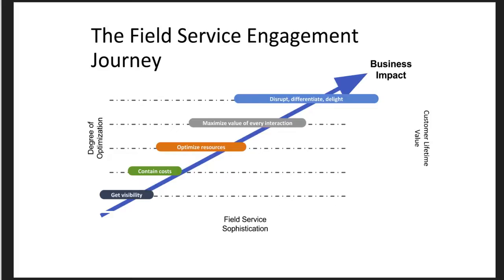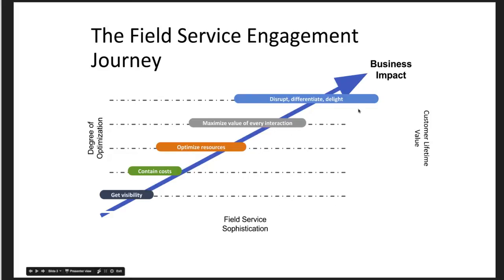And being able to maximize the value of this interaction really means coming prepared, coming with the right parts, increasing the chance of first visit service delivery, whether it's a break fix or an installation, the ability to offer relevant upsells to the customer, or simply being able to grasp everything that the customer already communicated throughout his or her earlier engagement with the company. So being able to wow the customer in every engagement, to maximize the value in terms of upsells as well, becomes a very important way for companies to differentiate themselves in their industry.